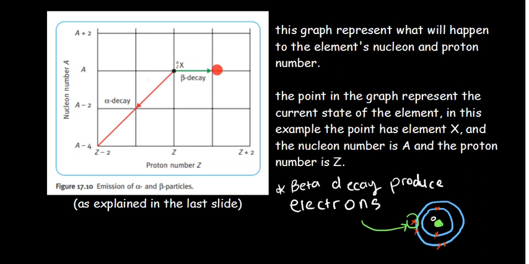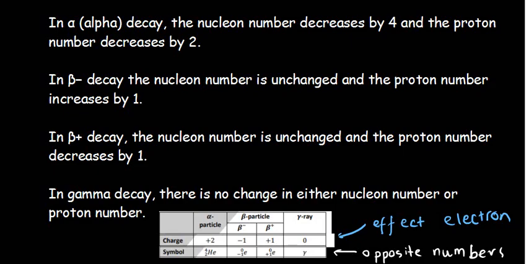So it's going to move to the right one. If it was a positive beta decay, it will move to the opposite side because it produces a positron, which is a positive electron. And then when you have a positive electron, it's going to minus by 1. Refer back to the symbol to understand clearly.